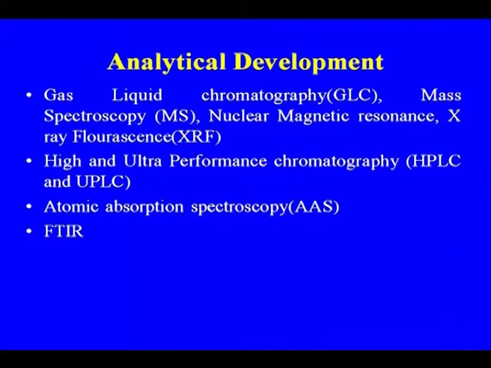So, what analytical instruments are now available for evaluation, apart from the routine instruments we are using? That is gas liquid chromatography (GLC), mass spectroscopy (GC-MS), nuclear magnetic resonance (NMR), X-ray fluorescence, high and ultra performance chromatography, atomic absorption spectroscopy for determining the metal content, and FTIR.